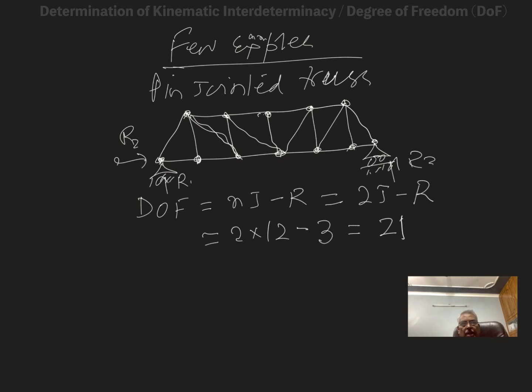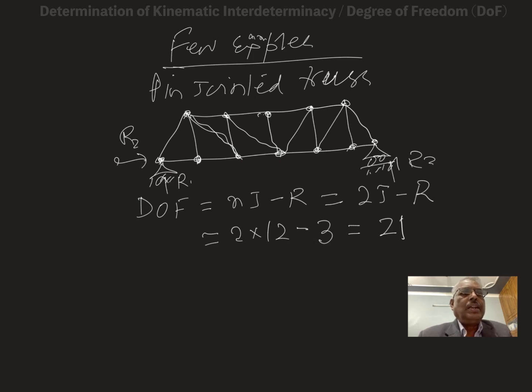Each member is going to displace; either there will be compressive force or tensile force. These are axial force members. Each member will give you either extension or compression, so only one deflection will take place. If there are 21 deflections, there must be 21 members.